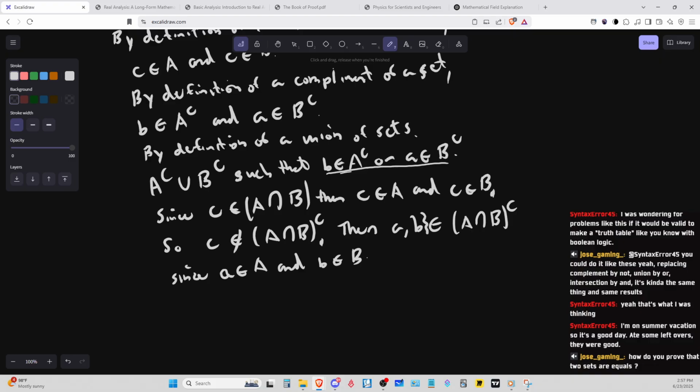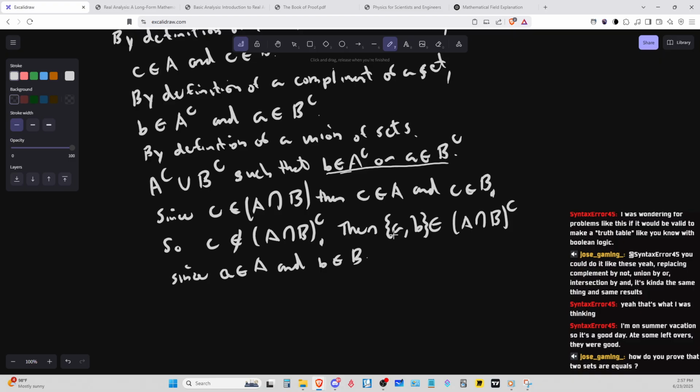Maybe if we include the set symbols. So it's a set of A and B. But that doesn't make it not an and statement though. We have to show that it's either one of them.